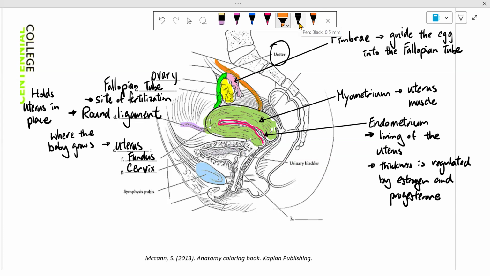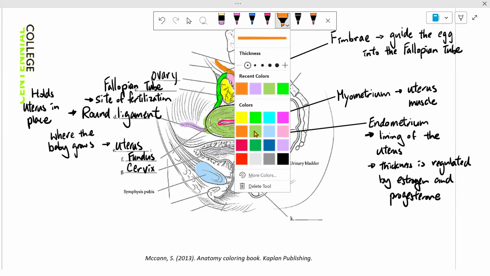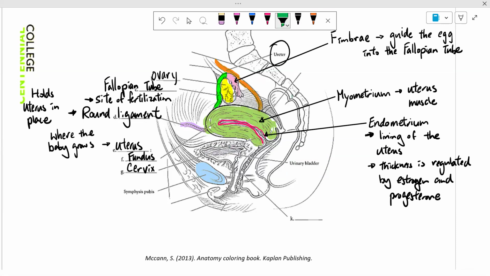How about right here? Again, there's no label to it. Let me just try to highlight it for you. Right there. What would that be? We learned that already before.